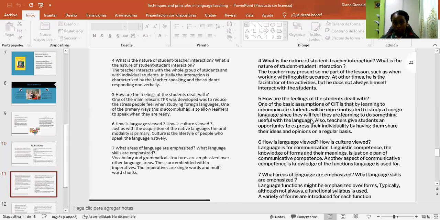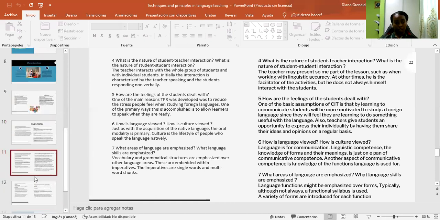Another one here is, how are the feelings of the students dealt with? One of the basic assumptions of CLT is that by learning to communicate, students will be more motivated to study a foreign language since they will feel they are learning to do something useful with the language.